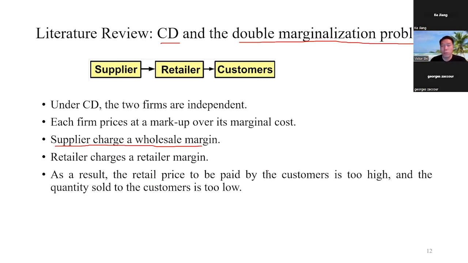People have shown this to be true: compared with a centralized system or the global optimal system, this completely decentralized system is going to have this double marginalization problem, meaning that there are two margins, and the final price paid by the customers will be too high, and the quantity bought by the customers will be too low.